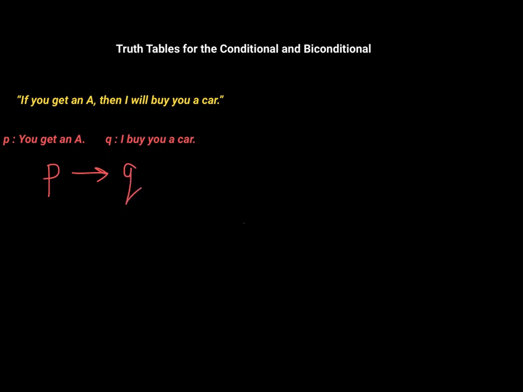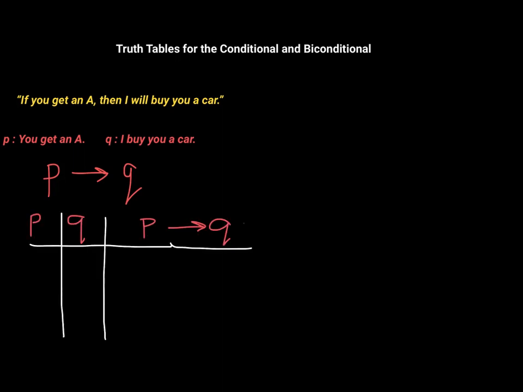So let us examine the four cases for this conditional statement. I have a little table going here. What are the different outcomes for P? P could be true, and then Q could be true. That would mean you did get an A, and I bought you a car. My promise was kept.